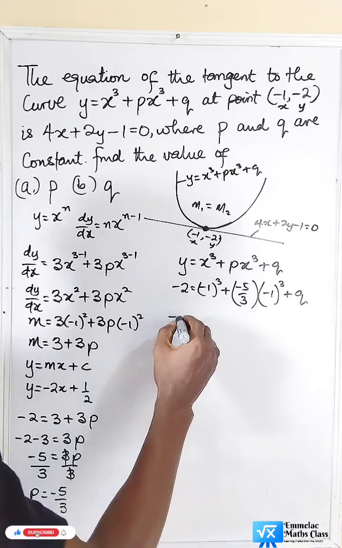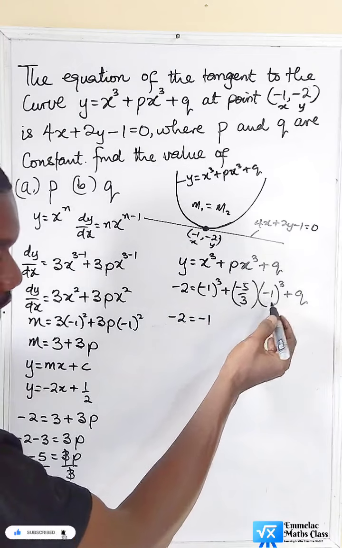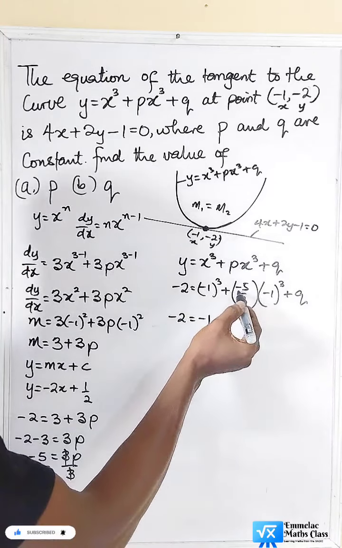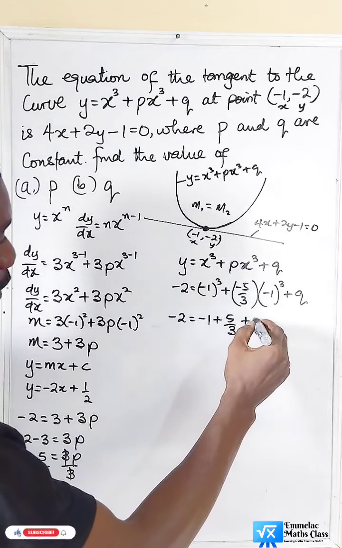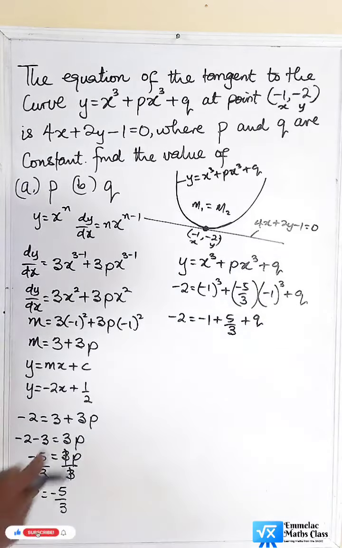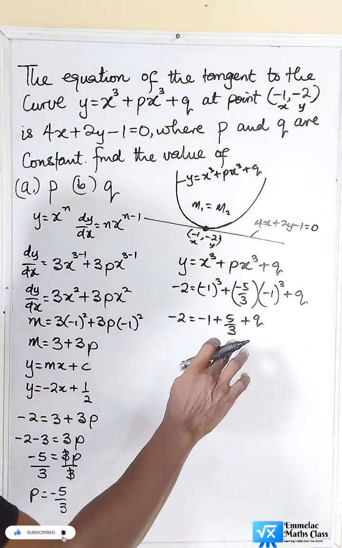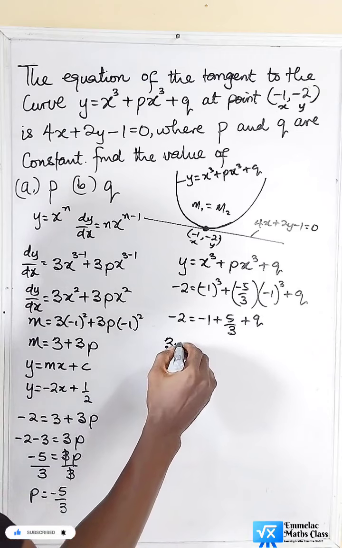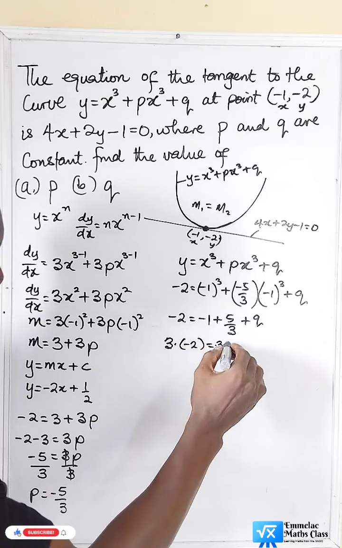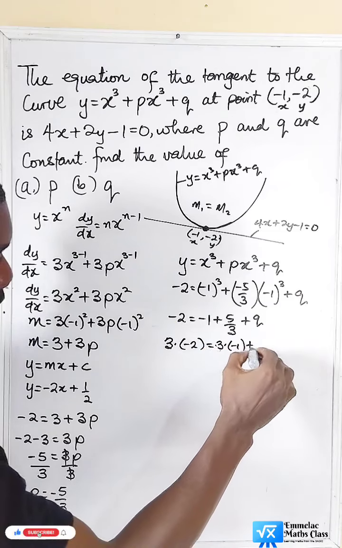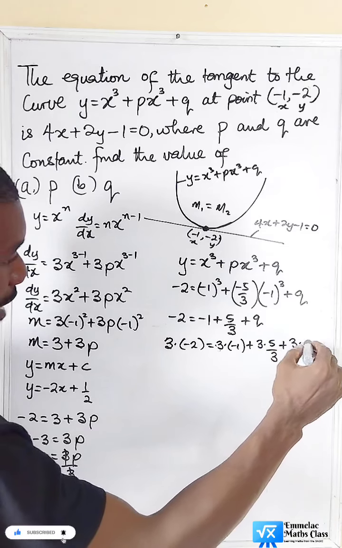So here we have negative 2 equals negative 1, then here also negative 1, and negative 1 times negative gives plus. So you have plus 5 over 3, plus q. Now let us multiply both sides of the equation by 3, to eliminate this 3 here. So 3 times negative 2 equals 3 times negative 1 plus 3 times 5 over 3 plus 3 times q.